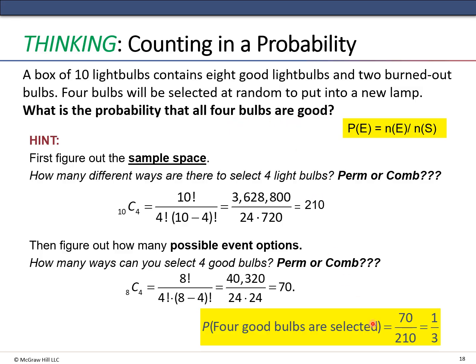Okay, so our probability is just the number of event outcomes, 70, divided by the sample space, 210. So we have a 1 in 3 shot at picking out all 4 good bulbs. That's a pretty high percentage. That's about 33%.